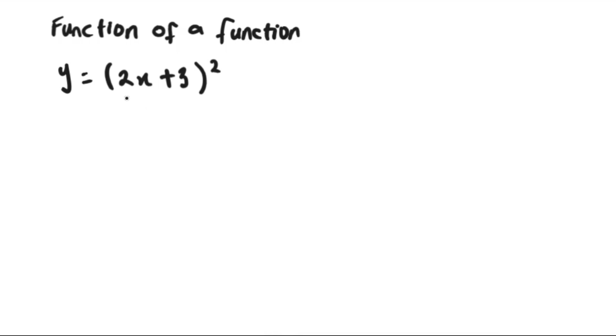Now, 2x plus 3 is a function, but this 2x plus 3 is now raised to a power of 2. Because the power here is small, you can decide to open the brackets and just differentiate it straight away. That is, y is equal to (2x plus 3) raised to the power 2.